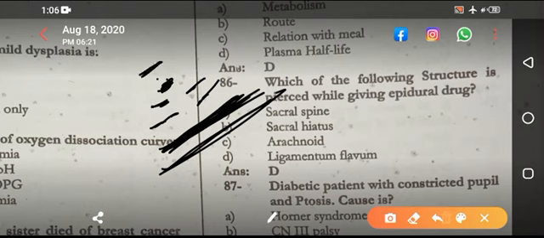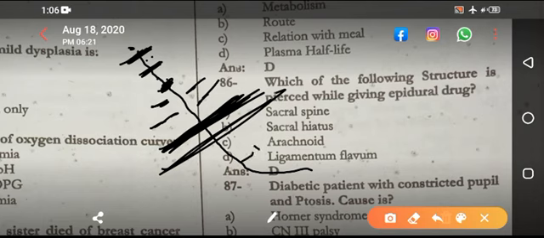Then you are having the dura mater, then the subdural space. This is subdural space. Then you are having arachnoid mater, then this is subarachnoid space. So you go through like this and you cover all the things.